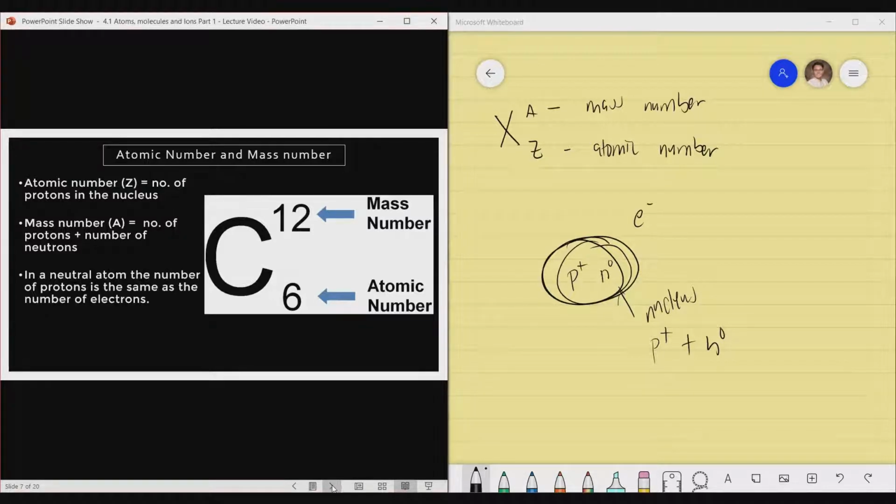Okay? Next one. In a neutral atom, the number of proton is the same as the number of electrons. So if you want to know the number of electron, that is actually equal to the number of proton. Kung gaano kadami si proton, yun din ang bilang ni electron. However, basta neutral. Okay? Kapag neutral lang atom, pag sinabi pong neutral, ibig sabihin walang charge. Kumbaga, say for example, you have theoretical element X, okay?